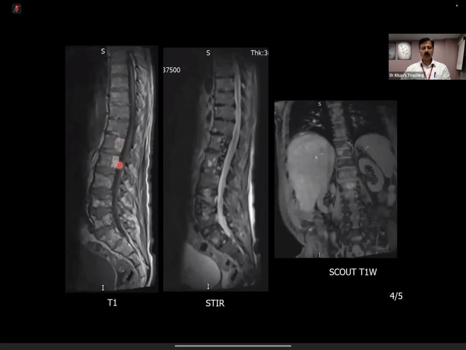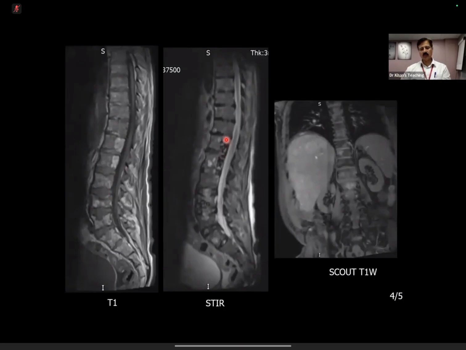Usually melanoma metastases can be what we call a melanotic melanoma metastasis also. But in some of them, the melanin is so much that even in bone it can show you. This is a very rare finding actually. Usually you will see low signal on T1.